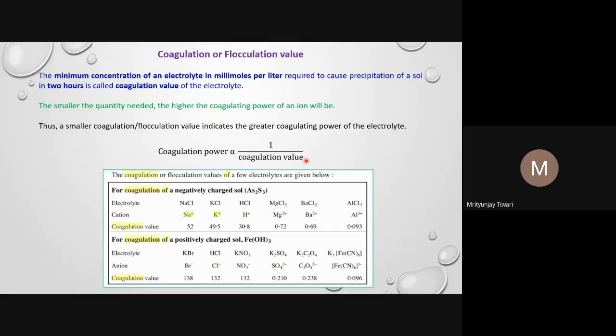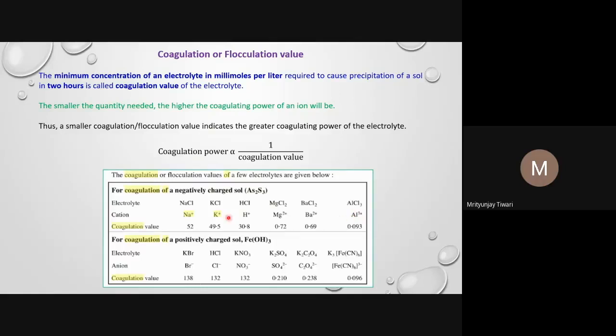It means it is inversely proportional to coagulation value. Let us see some examples in this table, and we will focus mostly on the ions containing certain charge. For coagulation of the negatively charged sol, arsenic sulfide, we see AlCl3 as an electrolyte, which contains the aluminium 3+ ion.